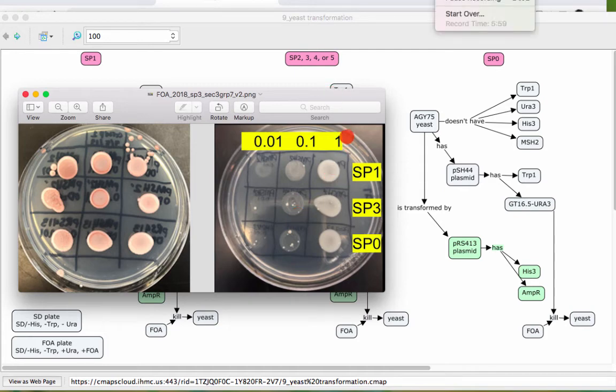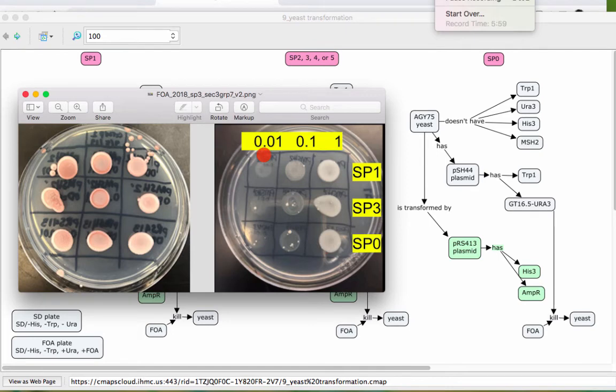And on this FOA plate, we can also see the reason that we plated three different concentrations on the plate. So under OD 1 concentration, the density is so high that we barely see any differences among the three yeast strains.